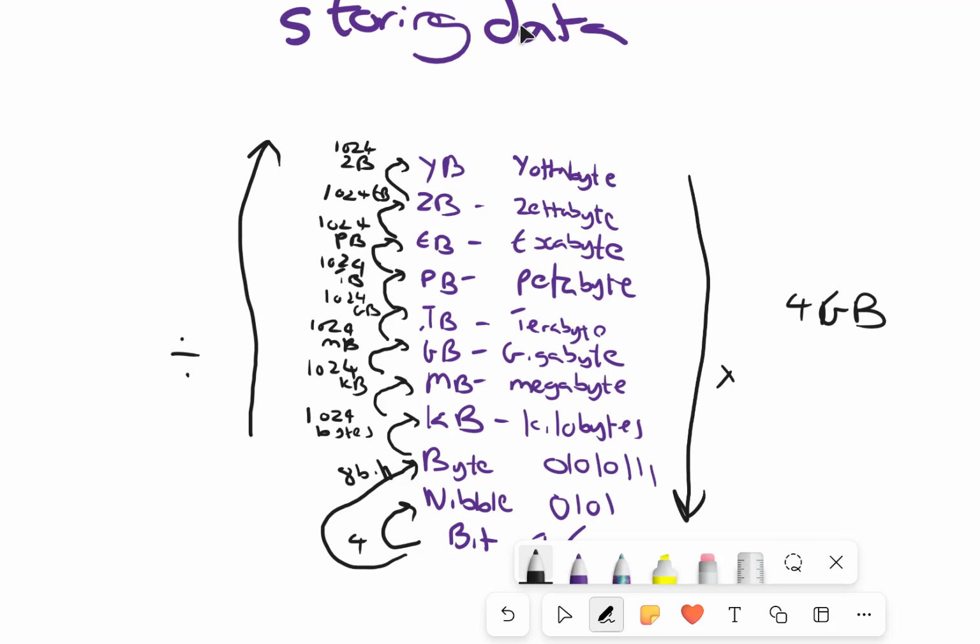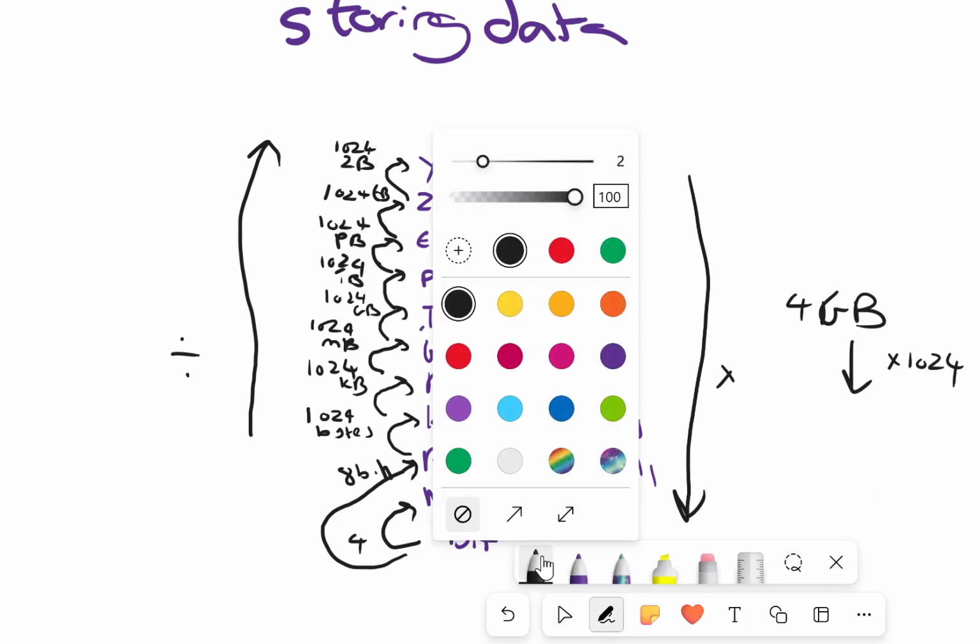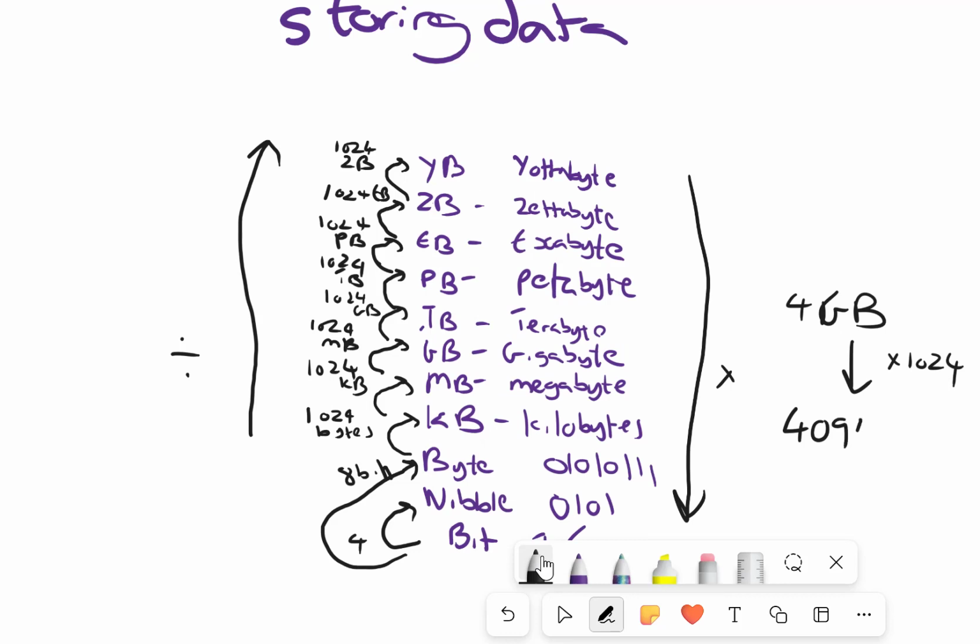How many megabytes is 4 gigabytes? Well, you've got to multiply it by 1024 and that gives 4096 megabytes.